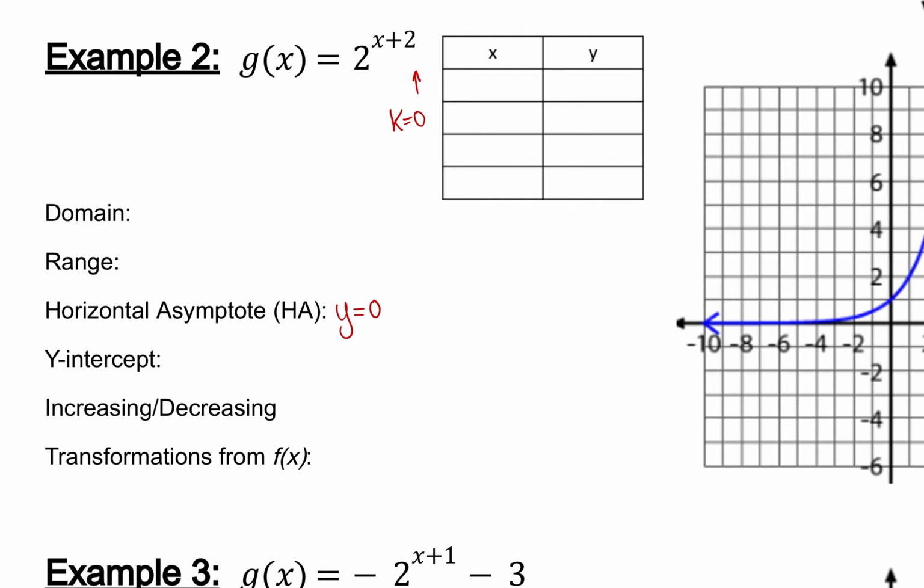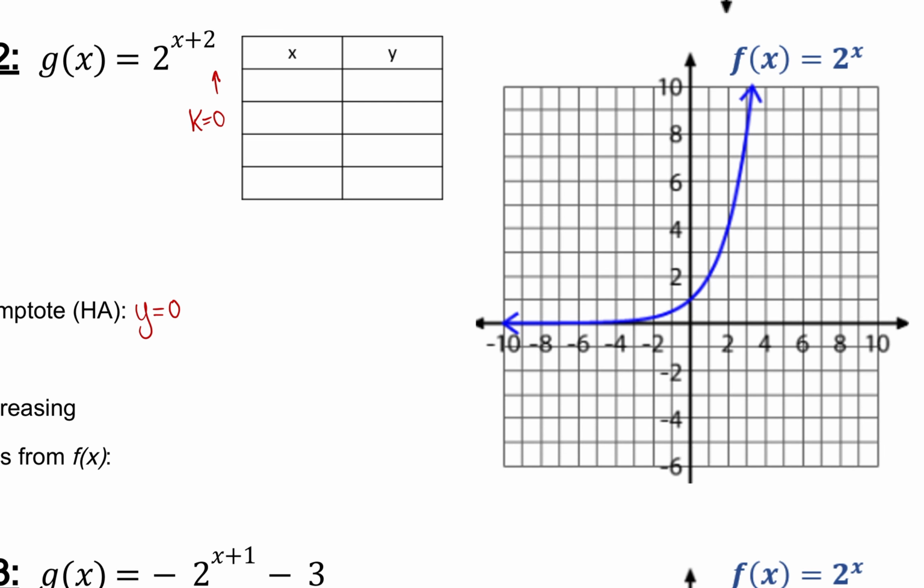From there, on the right-hand side, I will then sketch my horizontal dashed line for the HA. So this is y equals 0. That's my HA. And now for the points of accuracy, I have them located at (-2, 1), (-1, 2), (0, 4), and (1, 8).